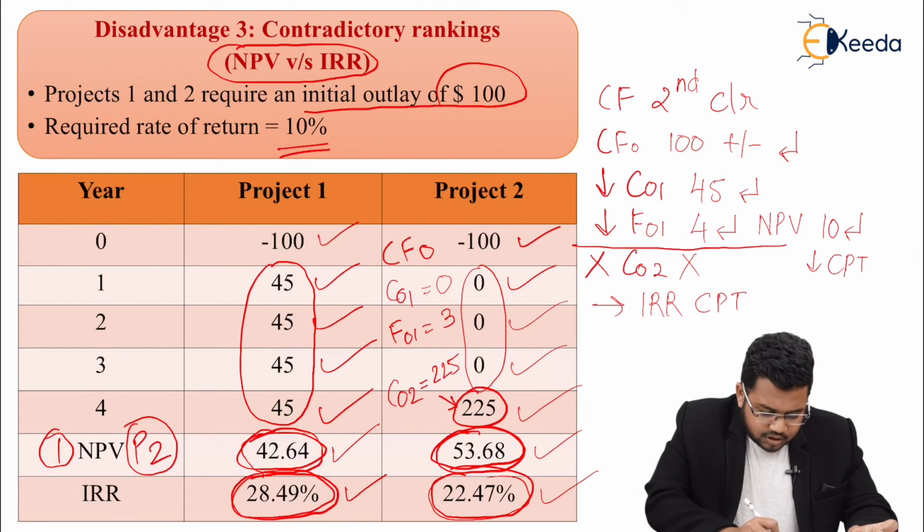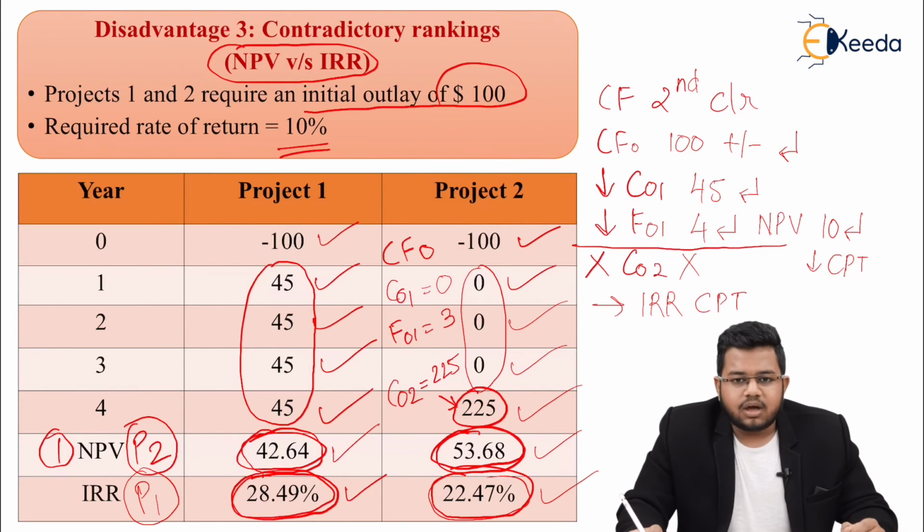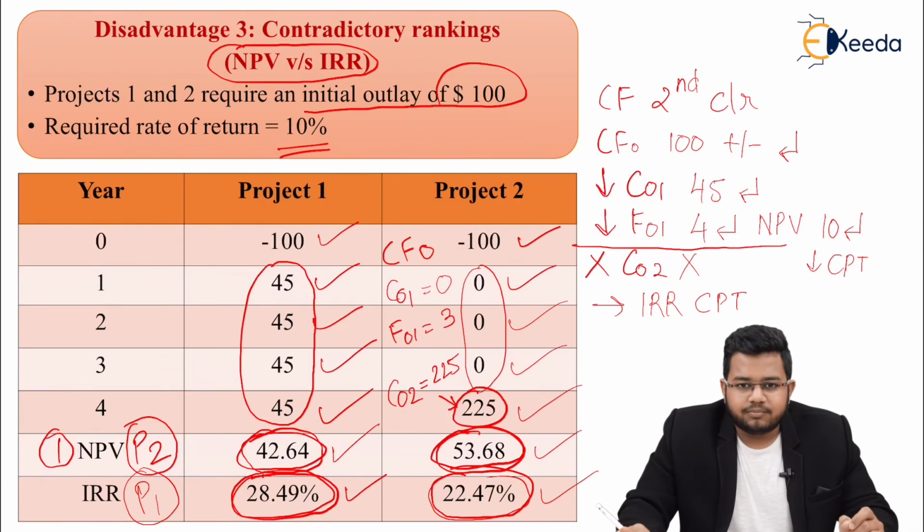So I would go for project 1 here. This is the conflict I was talking about. As per NPV method, project 2 should be selected; as per IRR method, project 1 should be selected.